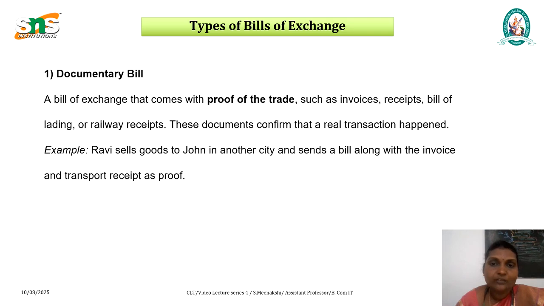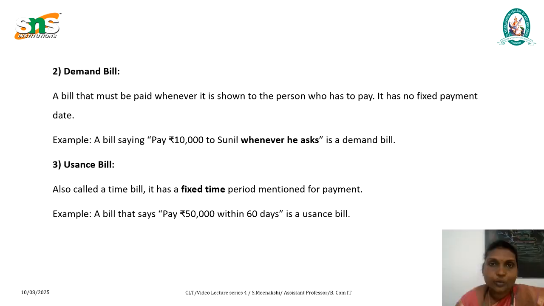These documents confirm that a real transaction has happened. For example, Ravi sells goods to John in another city and sends a bill along with the invoice and transport receipt as proof. So when a transaction has such proof, it is called a documentary bill.